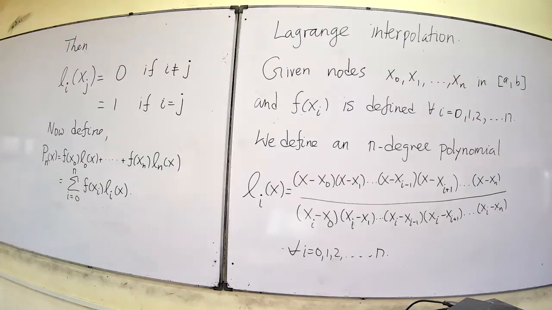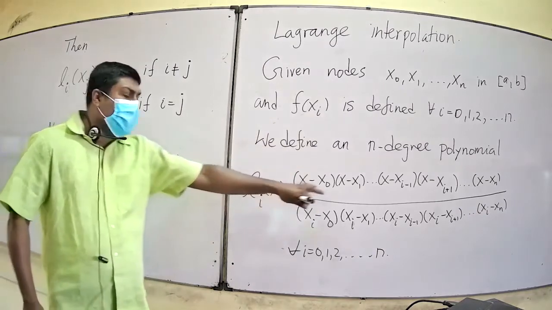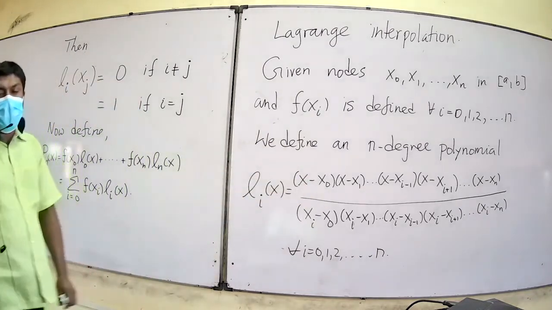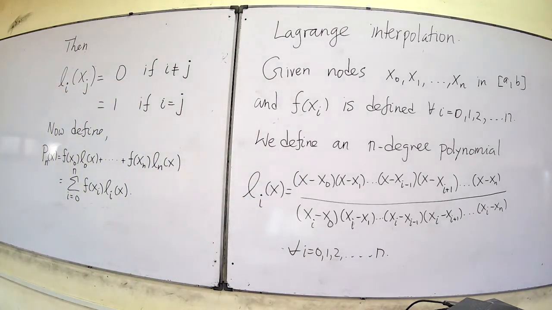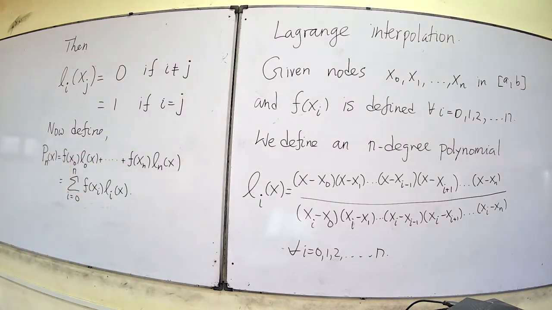Let me define a new polynomial Pn of x. That is f of x naught, because that is defined, it is a value, f of x naught times L naught of x, the first polynomial, plus f of x1 times L1 of x, plus f of x2 times L2 of x, and so on.